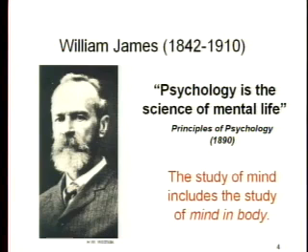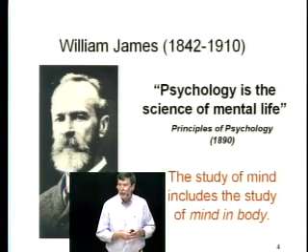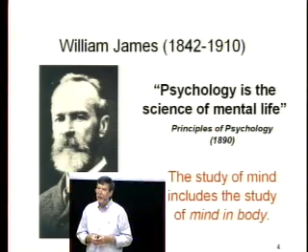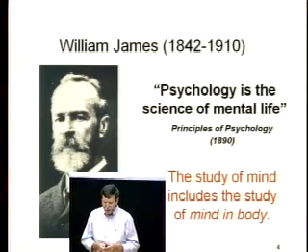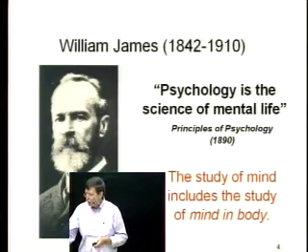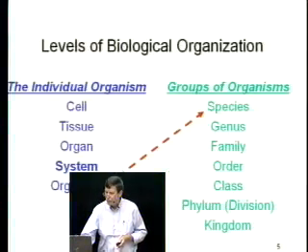But because the physical basis of mental life is to be found in the brain and other structures of the nervous system and other biological structures for that matter, we begin the course by examining something about the biological foundations of our mental lives in the brain and the rest of the nervous system.